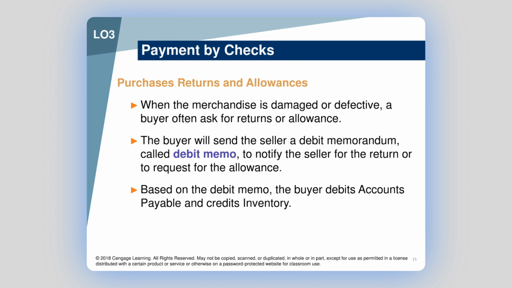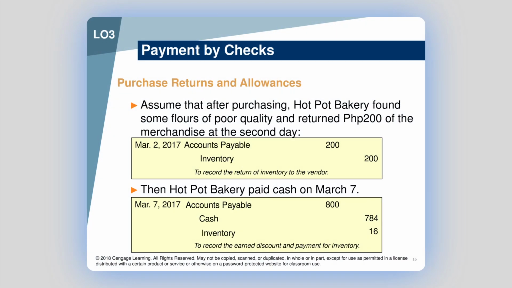So based on the debit memo, the buyer debits accounts payable and credits inventory. Assume that the purchasing Hot Bakery found some flour of poor quality and returned 200 of the merchandise on the second day. So, you debit here accounts payable of 200 and we have inventory naman of 200 to record the return of inventory to the vendor.